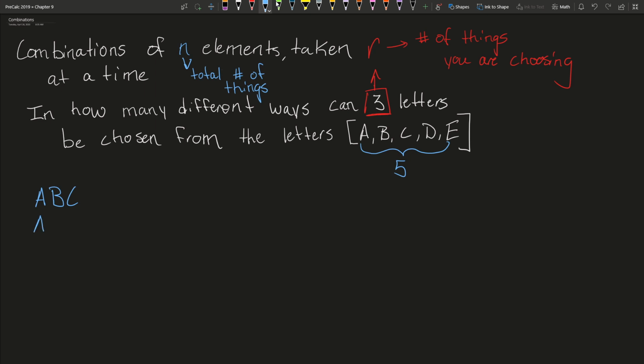Again, we would keep A the same. Then we could choose A, B, D. And then we could choose A, B, E. And then after that, we could change the B. So we would have ACD, ADE, or ACE.